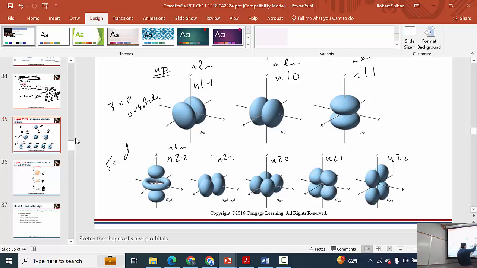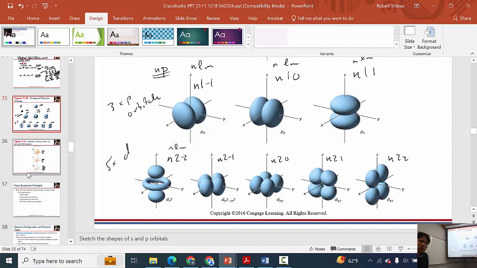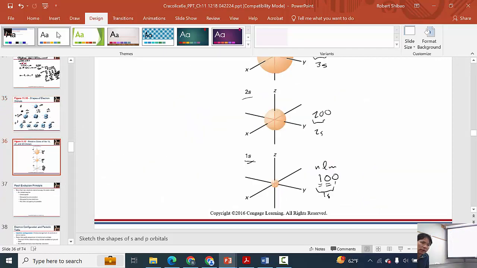And 5 unique values of m means there are 5 unique orbitals. So based on this, the Schrodinger equation, we can generate this.